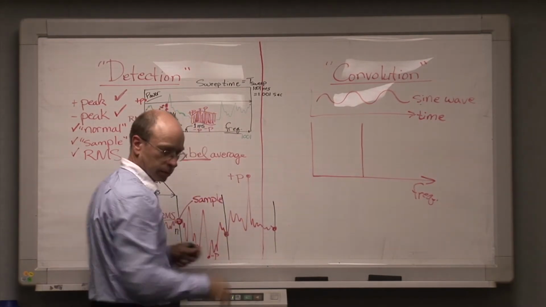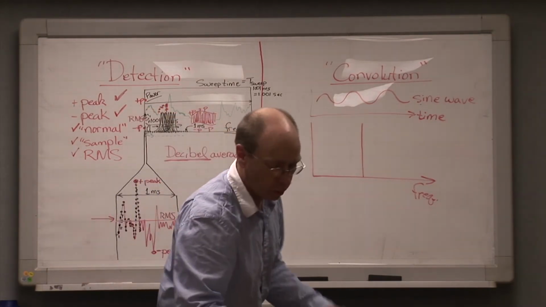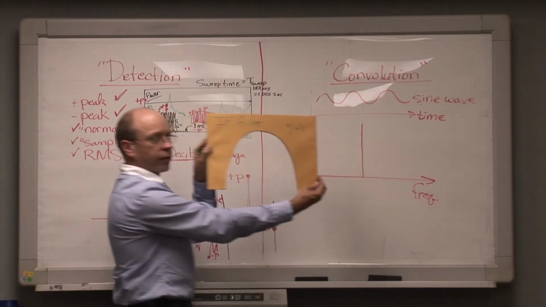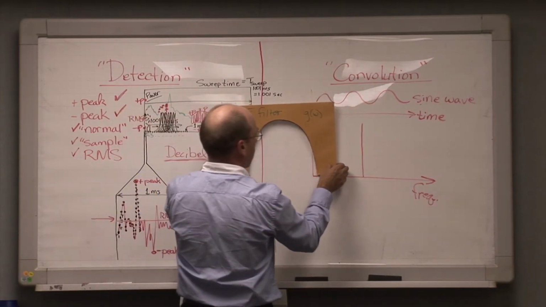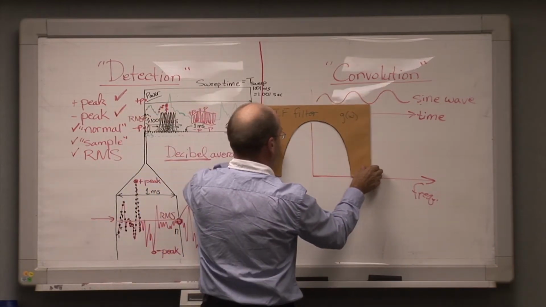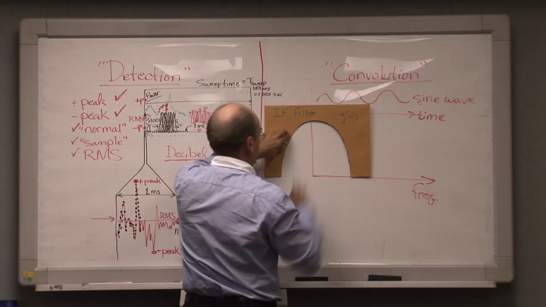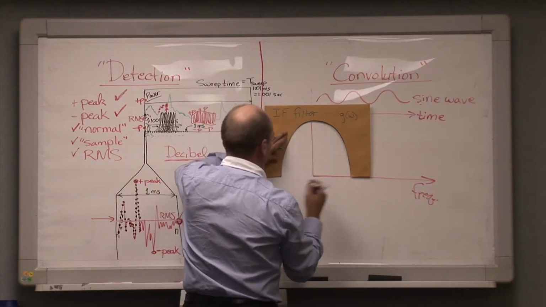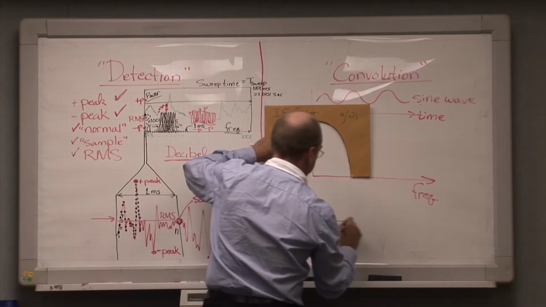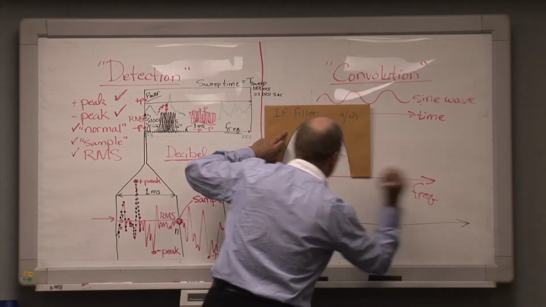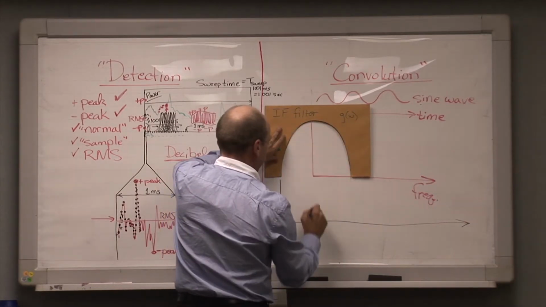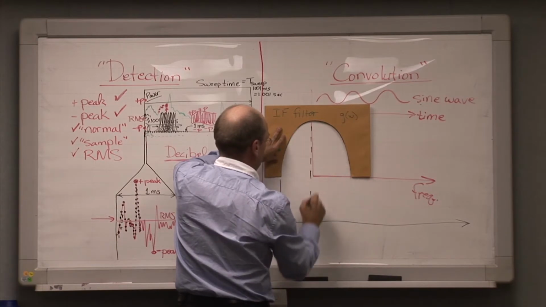And now we're going to move an IF filter, represented like this, across it. As we move the IF filter across, we'll look at the output on the spectrum analyzer. Down here, here's the spectrum analyzer output. So at this point, we're just measuring noise in the spectrum analyzer.